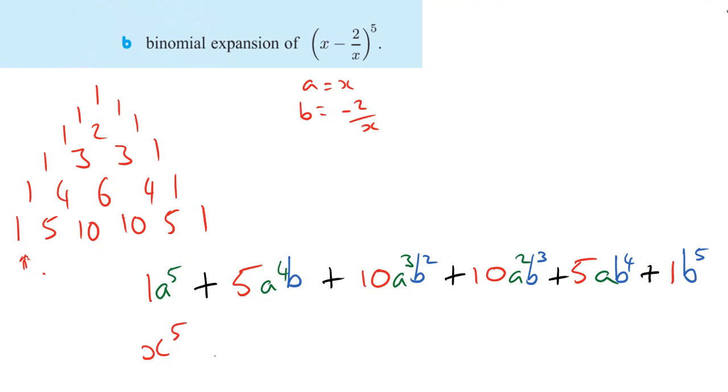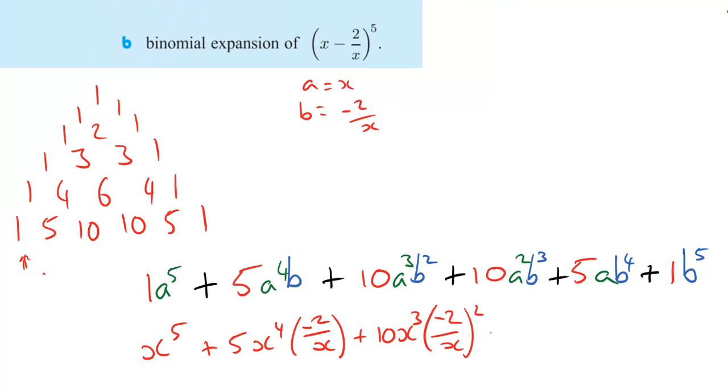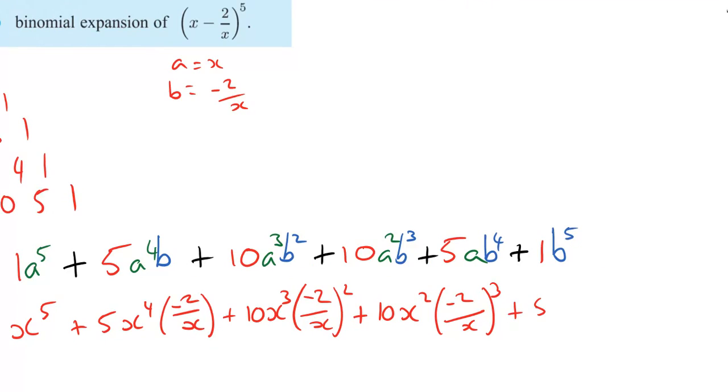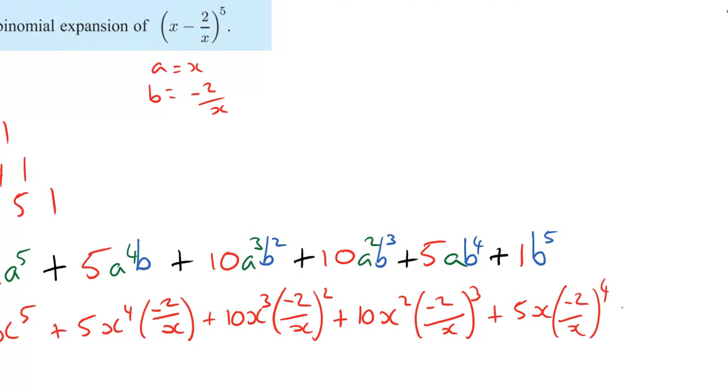So if we do that, we're going to end up with the following. x^5 + 5 lots of x^4 times minus 2 over x. This next term will be 10x^3 (minus 2 over x)^2 + 10x^2 (minus 2 over x)^3 + 5x (minus 2 over x)^4 + (minus 2 over x)^5.